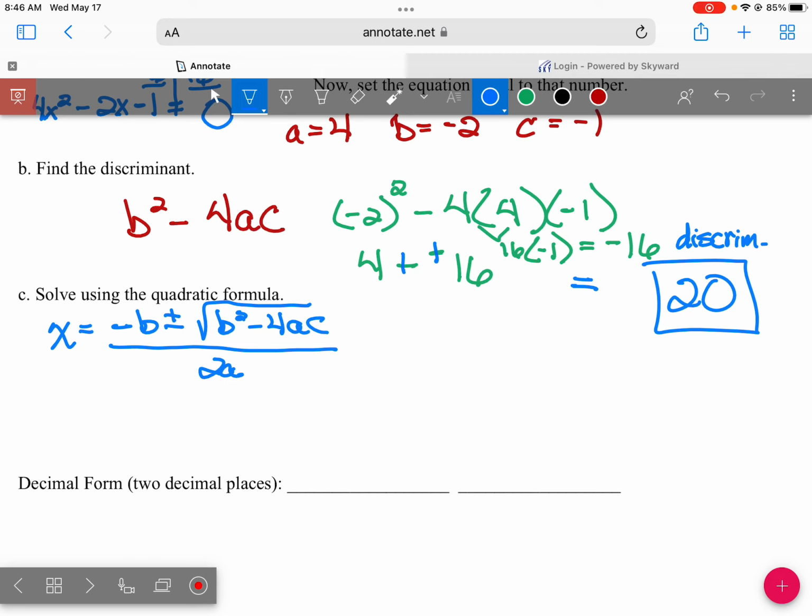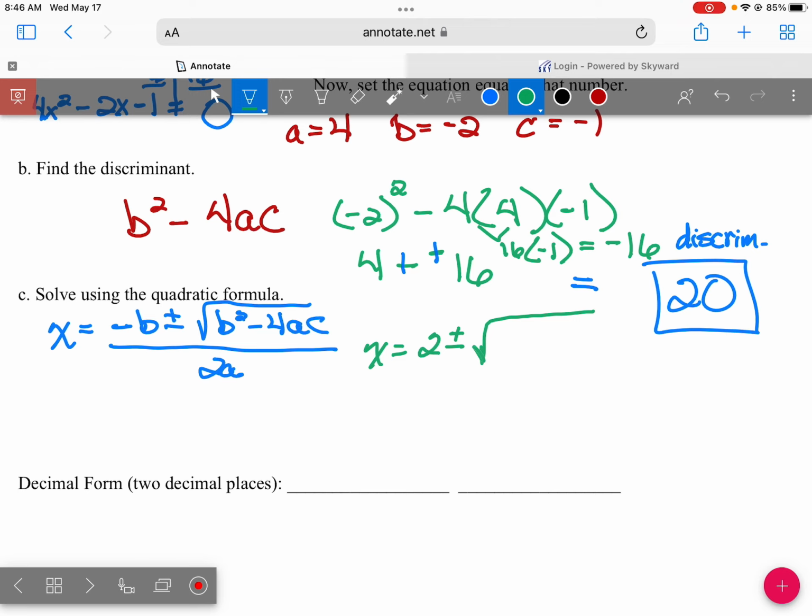Okay, so we start off, we say x equals the opposite of b. Well, b was negative 2, so the opposite of negative 2 is positive 2, plus or minus the square root.